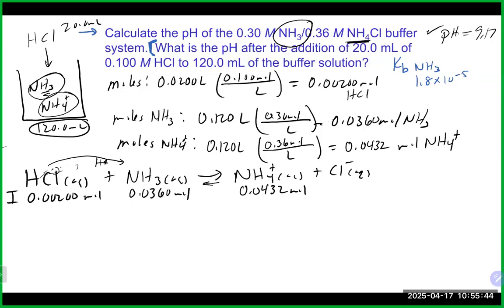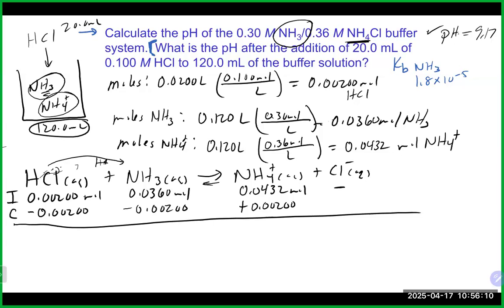All right. Now, in this case, because I know this is a neutral salt, I'm not going to worry about it, so I don't try to use it in the wrong situation. The change here is going to be the HCl we're adding. It is, again, the smaller number. We're going to subtract that along the way here and then add it to this side.